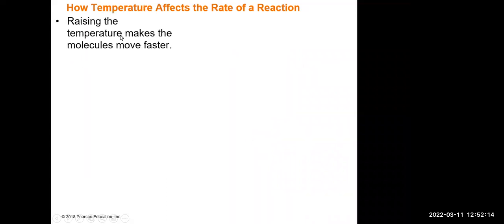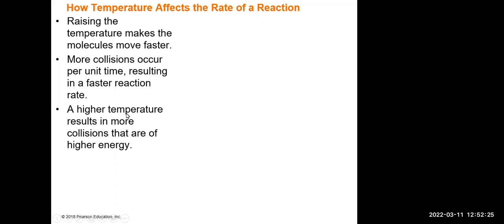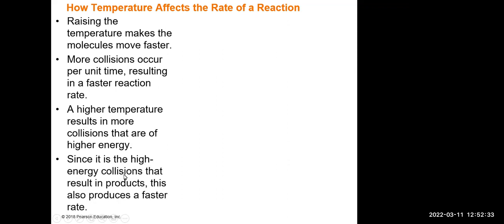Raising the temperature also makes the molecules move faster. More collisions occur per unit time, resulting in a faster reaction rate. A higher temperature results in more collisions that are of high energy. Since it is the high energy collisions that result in products, this also produces a faster rate.